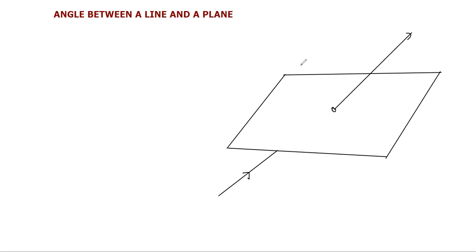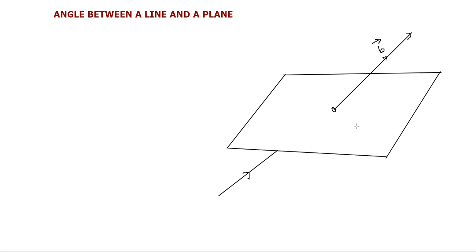This is a given plane, and this is the line whose vector is vector b. This is a line, vector b. And we have to find the angle between the plane and the line.